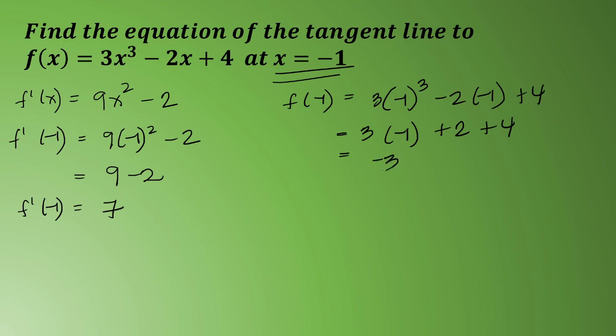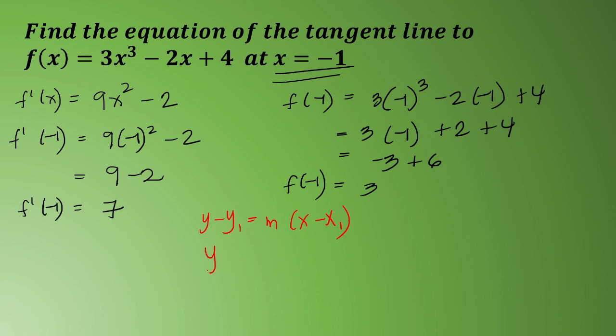So this would be -3 plus 6. So I have 3. So this would be our f of -1, or when x is -1, y is 3. So using our formula for the point slope form, we can have y minus y sub 1 is equal to m, then x minus x sub 1.